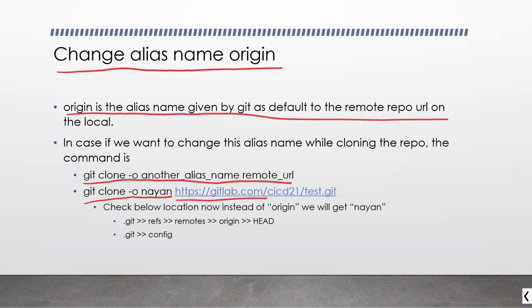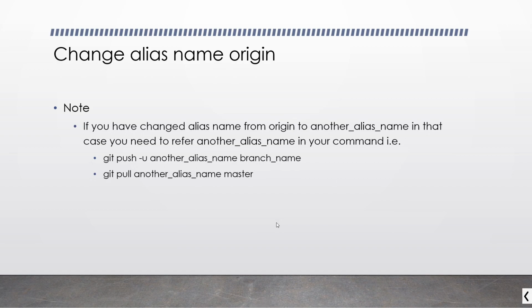In this case, you will find that the entries in these head and config files are referring to Nayan instead of origin, because we have changed the alias name from origin to Nayan. Please note that in case you have changed the alias name from origin to another alias name, whatever command you are using with git, always make sure that the alias name you are using is the latest one.